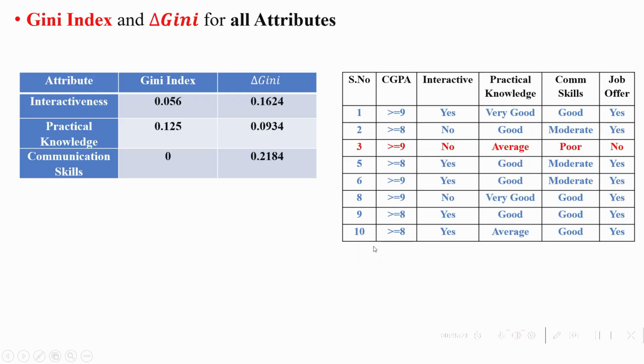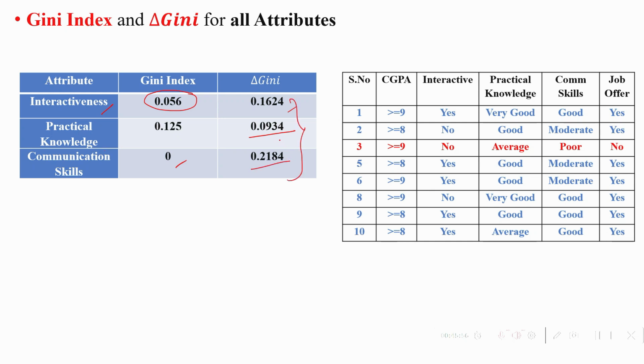So that is equal to 0.2184. Now based on this information, we have different delta Gini and Gini index values for the different attributes. For interactiveness, the Gini index equals 0.56 and the corresponding delta Gini equals 0.1624. For practical knowledge, the Gini index is 0.125 and delta Gini equals 0.0934. For communication skills, the Gini index equals 0 and the delta Gini value equals 0.2184.